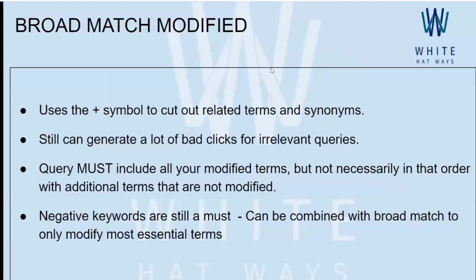If the query has digital marketing coming prior to learn, still it would get to see the ad. And under such match types, you still need to use a lot of negative keywords, because still there are ample number of chances that the ad appears in front of irrelevant audiences. So that is why negative keywords are still a must. Now moving on to the next slide.